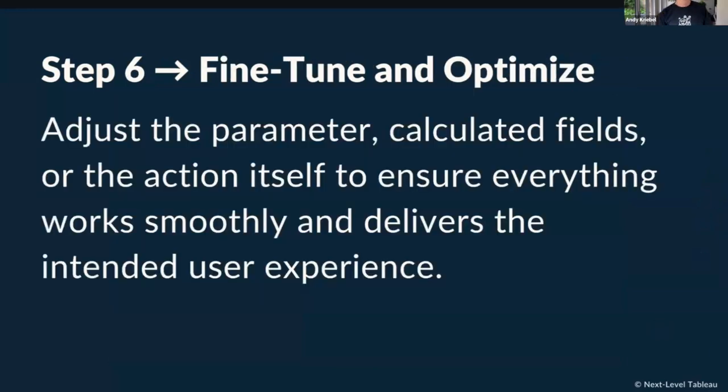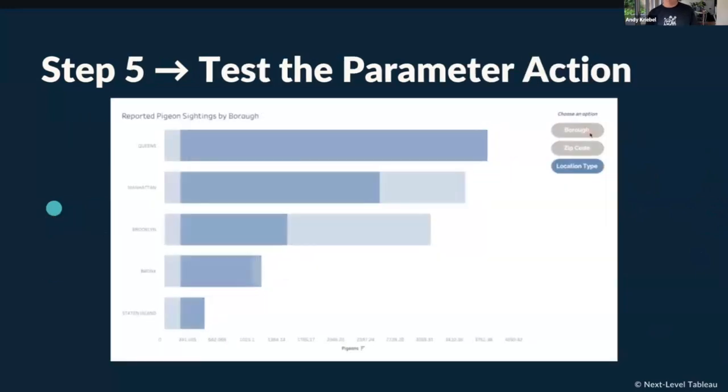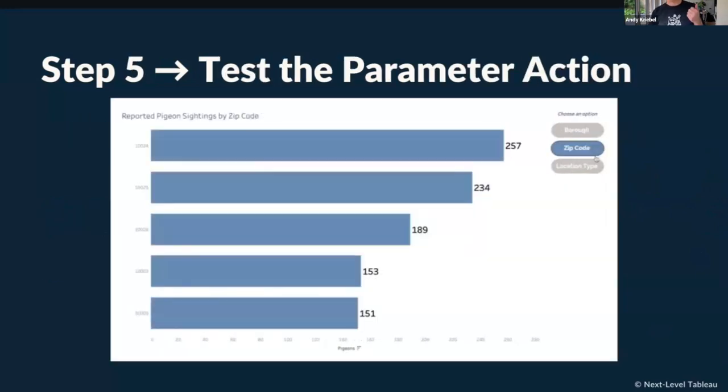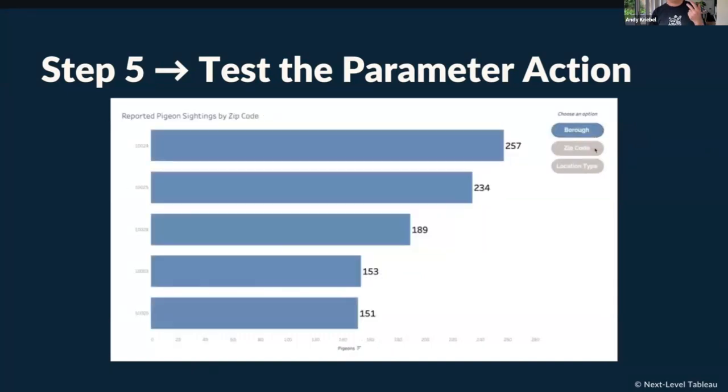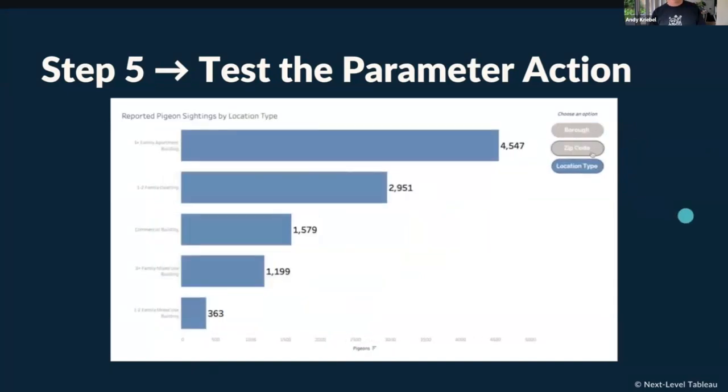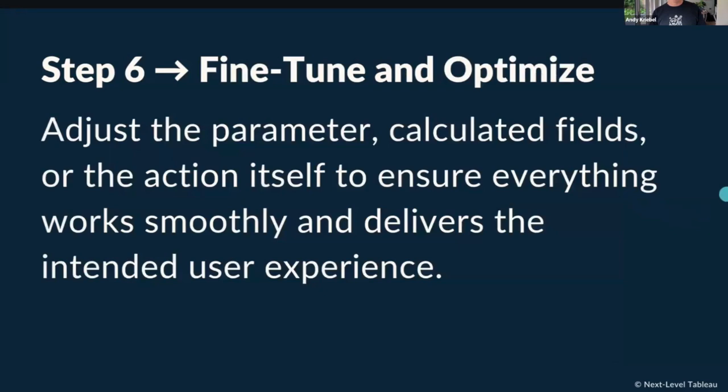All right, and then so we've built our parameter. We have tested it. We have added the parameter action. We've tested the parameter action, and now what you need to do is make any adjustments. This is probably when I would bring my stakeholders into it to make sure that it's behaving the way that they like.